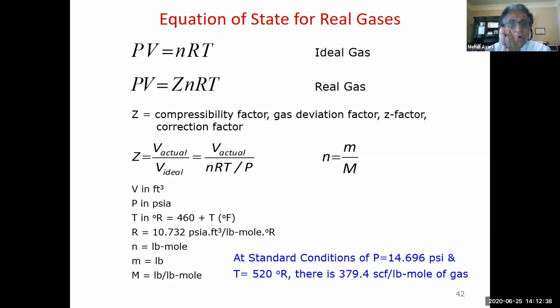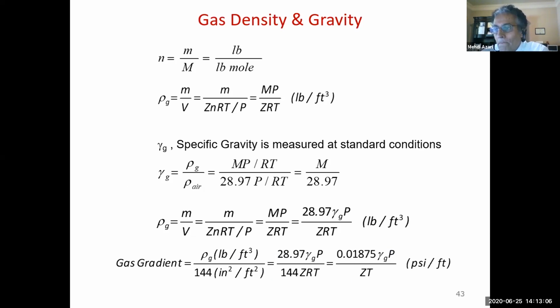So at the standard condition, 1 pound mole of any ideal gas is going to have a volume of 380, or 379.4, standard cubic feet per pound mole of gas. All right. So this is 1, this is 10.732, this is 460 plus 60, which is 520. This is 1 atmosphere. Then you solve for volume.